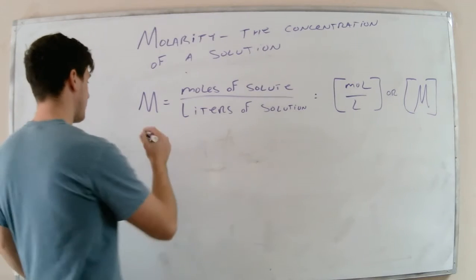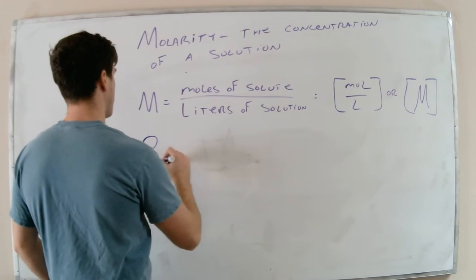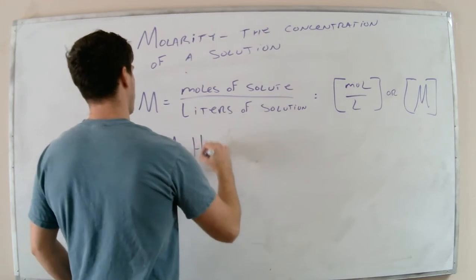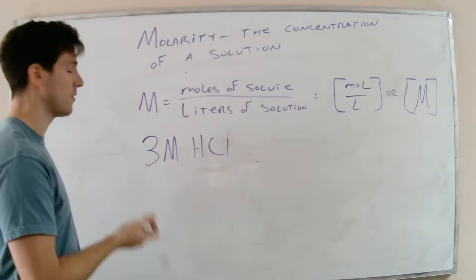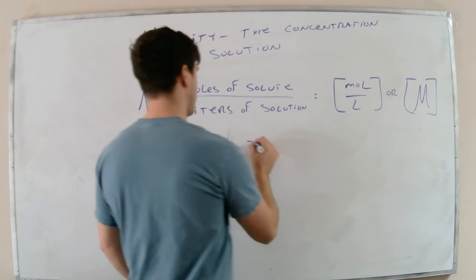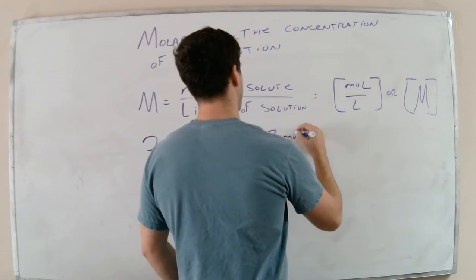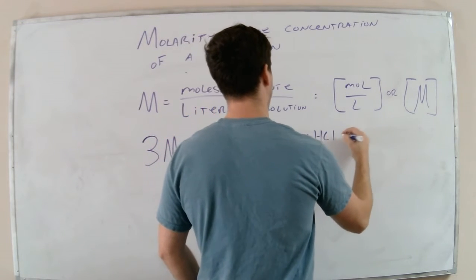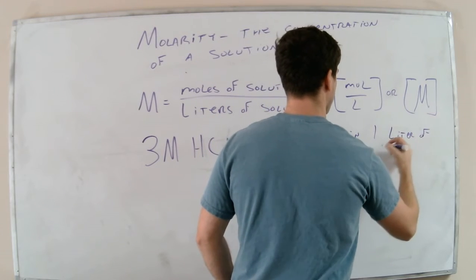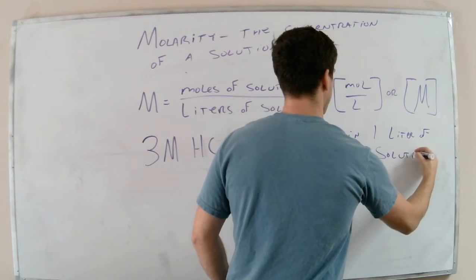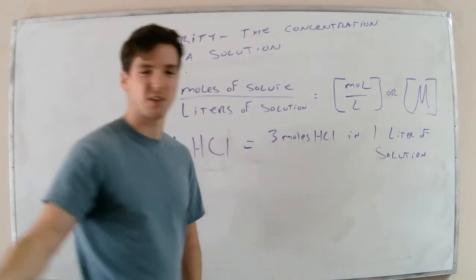So something that you might see in lab is I might show you some, or you might be using some 3 molar HCl. Well, 3 molar HCl just means that I have 3 moles of hydrochloric acid in 1 liter of solution. Okay, which is typically water.